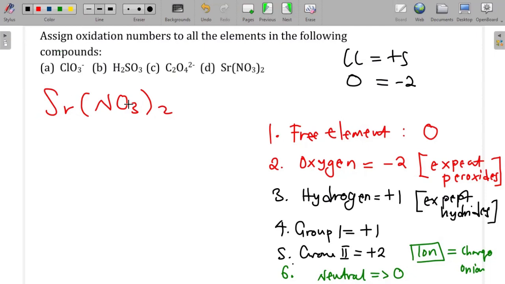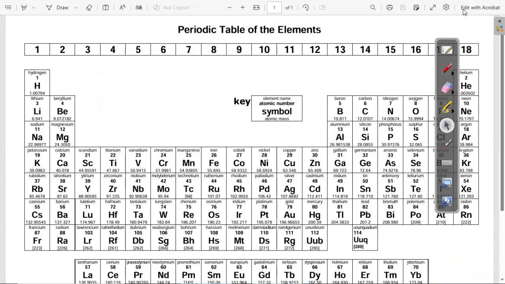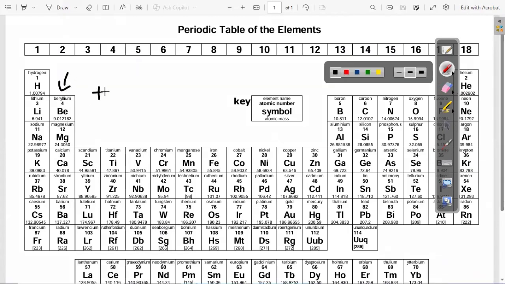And then for nitrogen, we don't know. But this one here is actually a group 2 element. So Sr, when you go to the periodic table, is simply strontium. And you remember what we said, all the group 2 elements, they have a +2 what? Oxidation number. So strontium is there, that's the Sr.